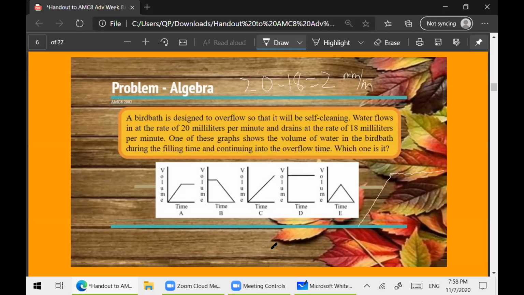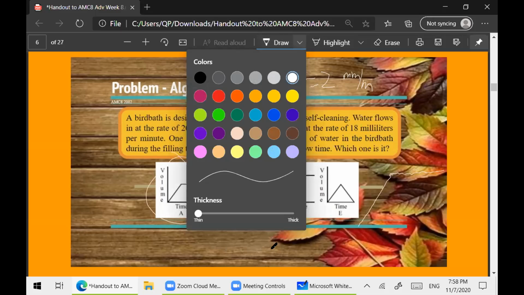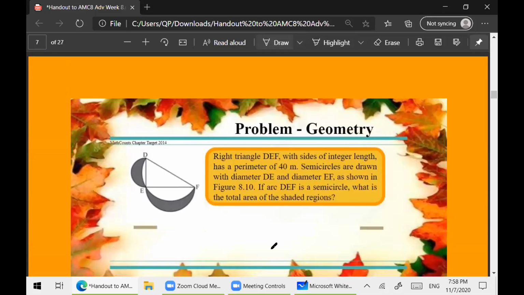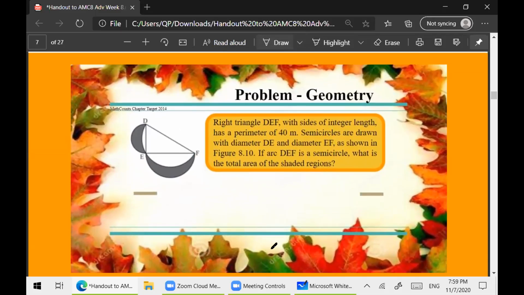And the only answer that matches this is A. Okay, so we're going to move on to some geometry problems.